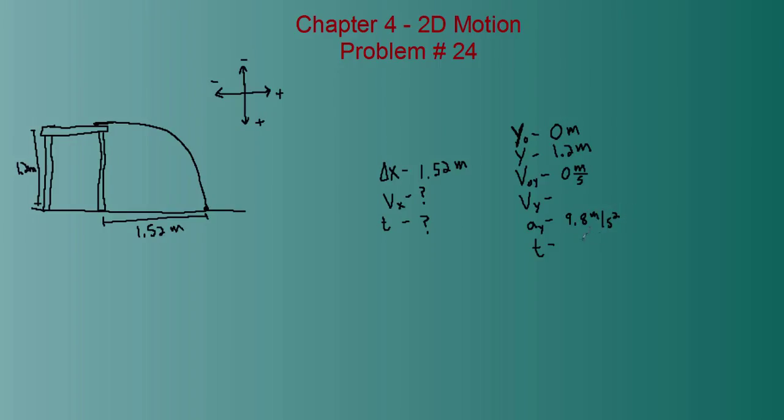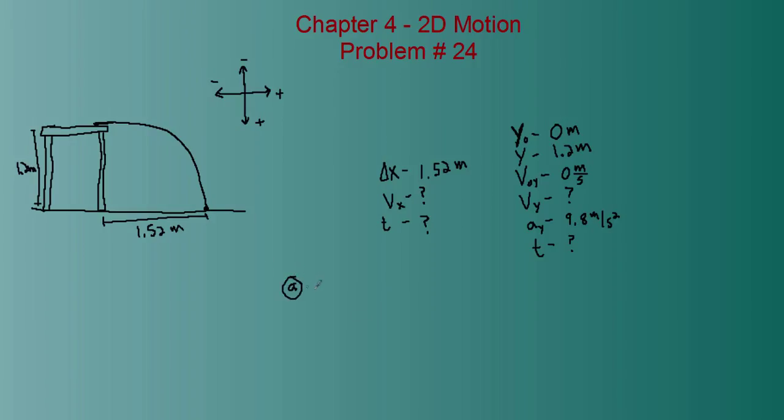Technically it pulls down with a force that causes an acceleration. So we don't know this and we don't know this. But in the y direction we need at least 3 givens to find any fourth or fifth given, and it looks like we have that. 1, 2, 3. Perfect.